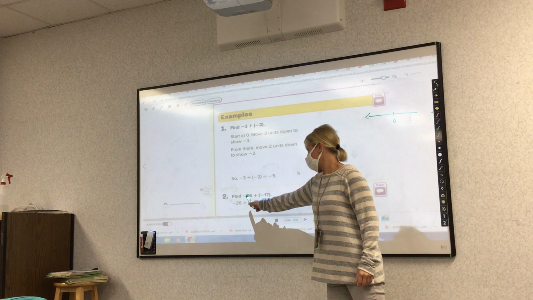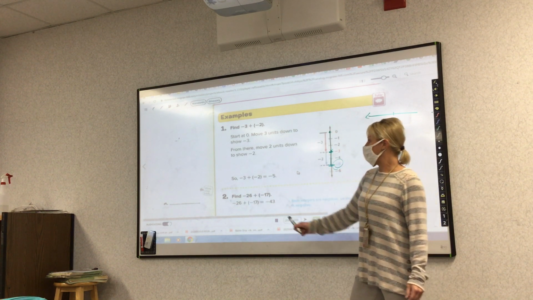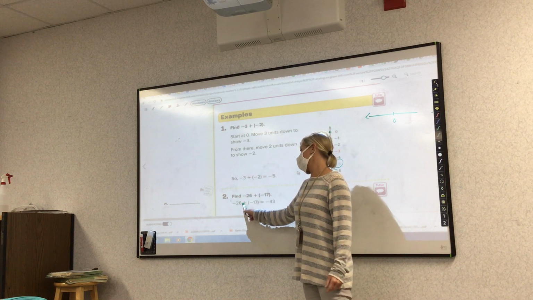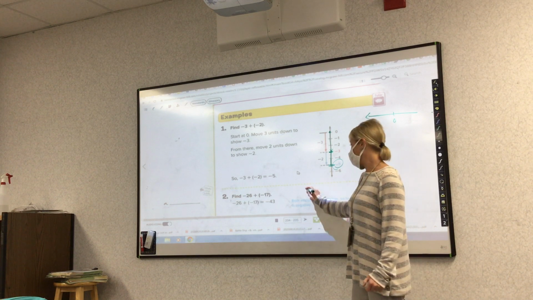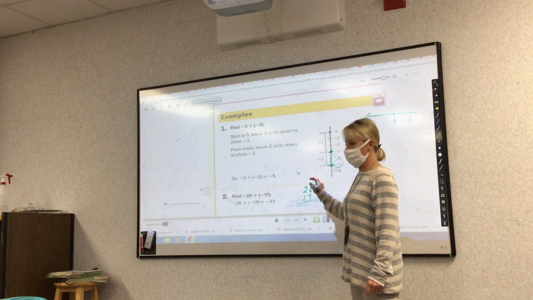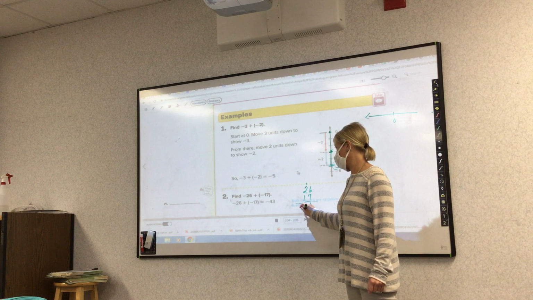If I look at number 2, where it says find -26 plus a -17, I was able to easily do this one in my head. But when you're getting into double digits, should you do it in your head? No. Write it up and down. Write 26 plus 17. I want to see the work. I know that's 13, carry the 1, so now I've got 43.